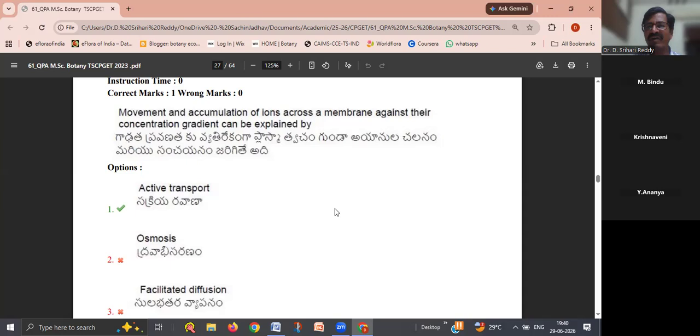We need to provide ATP for the transport of the ions against the concentration gradient. That you should remember. They require ATPs. The transport is called active transport.